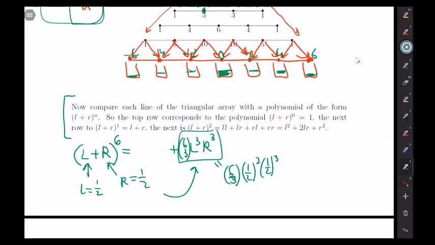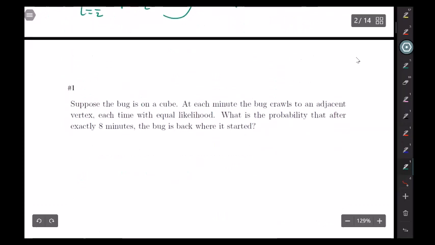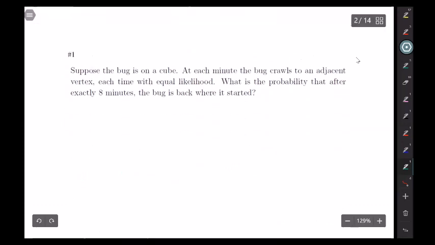Oh, okay. Sounds good. All right, let's start with one of the interesting problems for today. This is the only 3D shape that we will be working on. All right, so the bug is on a cube. At each minute, the bug crawls to an adjacent vertex, each time with equal likelihood. So we might as well just go ahead and create the cube.